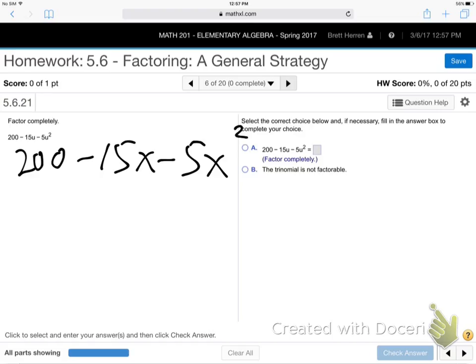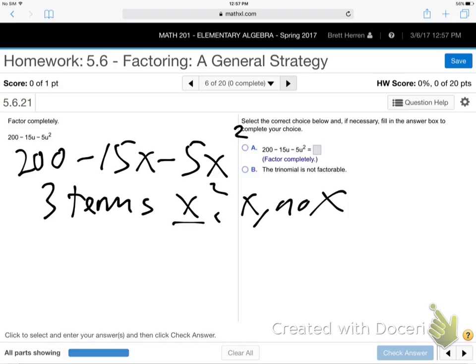Okay, so what's the first step? What do they have in common? First step really is to reorder this one. Remember, three termers must be reordered. For three terms, you've got to go x squared, x, no x.